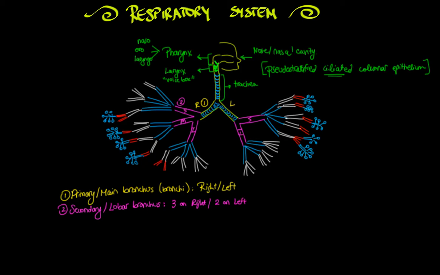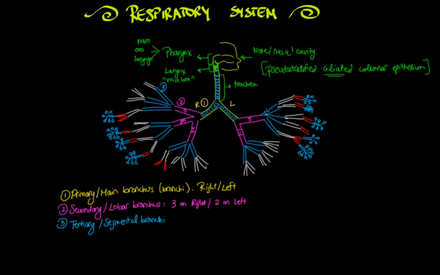Next up, each of the secondary bronchi is going to divide into what we call the tertiary bronchi, also known as segmental bronchi. These are drawn here for you in the blue color.